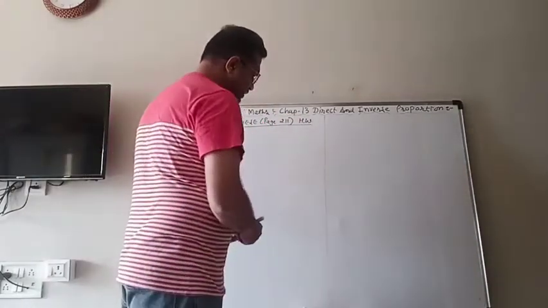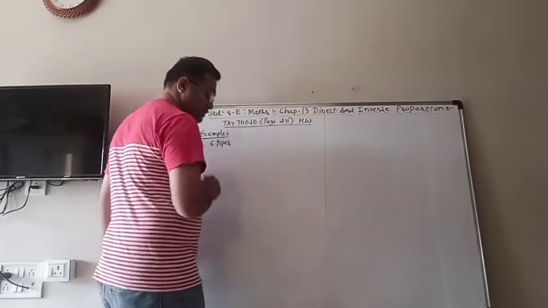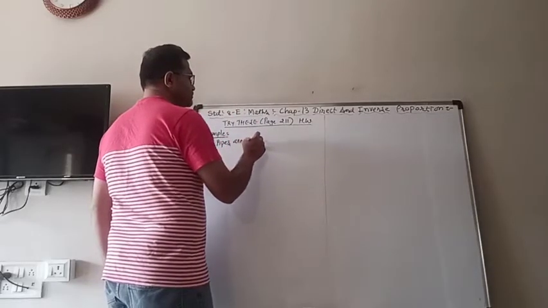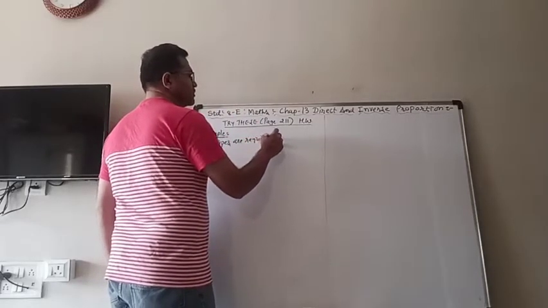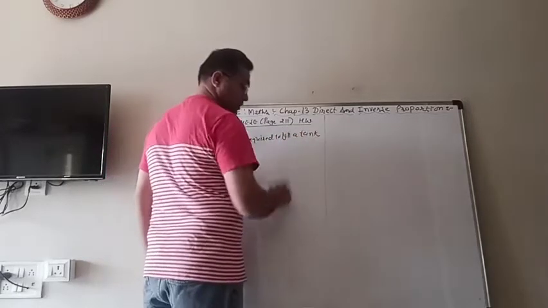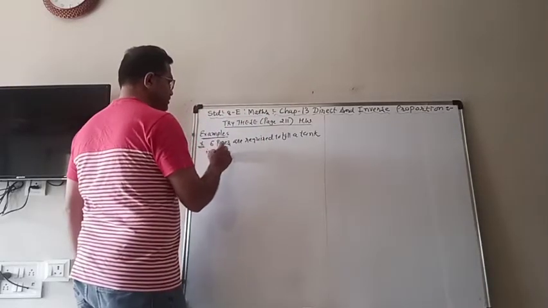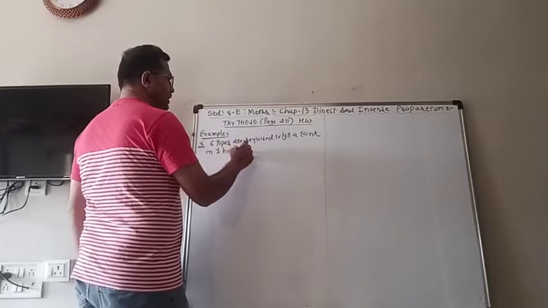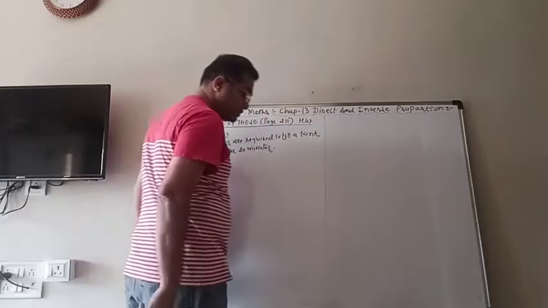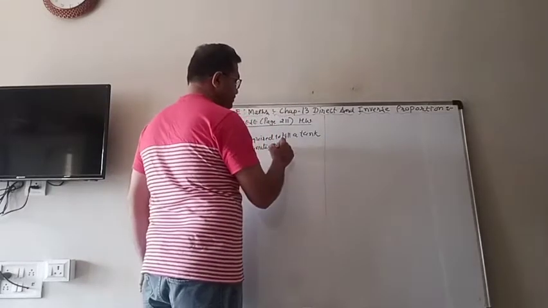Example number 7: 6 pipes are required to fill a tank in 1 hour 20 minutes.